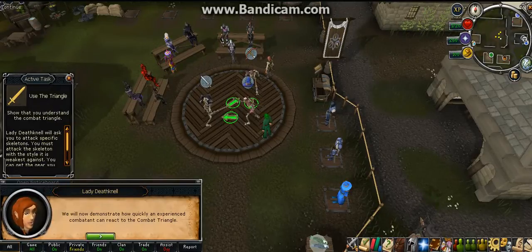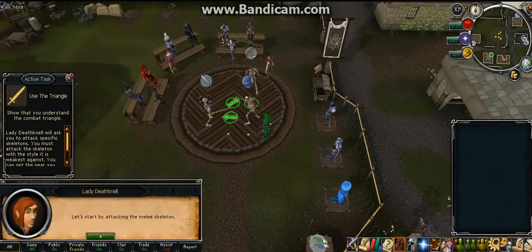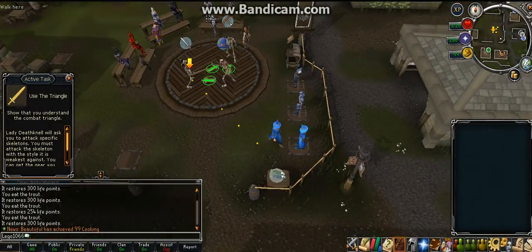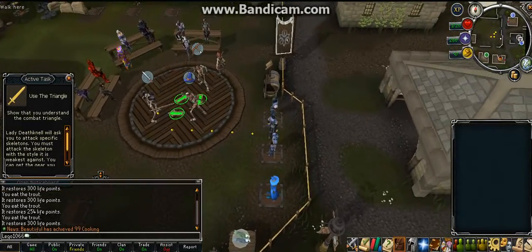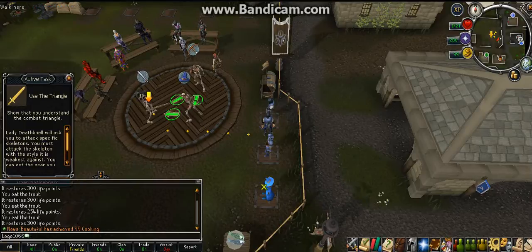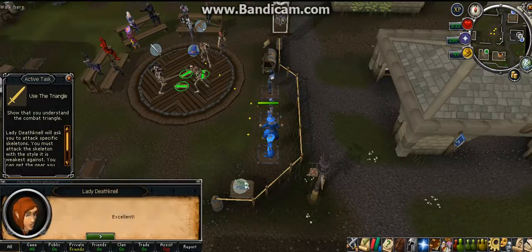We will now demonstrate how quickly an experienced combatant can react to the combat triangle. My friend here will now attack one of the skeletons. Equip yourself, adventurer. Let's start by attacking the melee skeleton. Excellent.